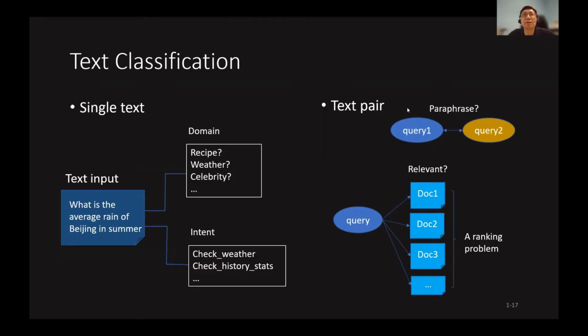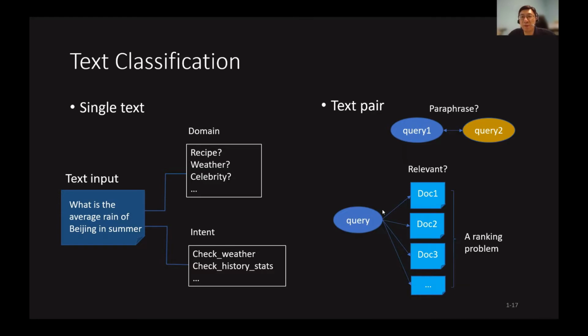Then the second scenario for text classification involves two input texts instead of one. Then the classification task is often regarding the relation between these two texts. As one example, given two queries to a search engine, we may want to know whether they are paraphrases of each other. And a special case in this category is information retrieval.